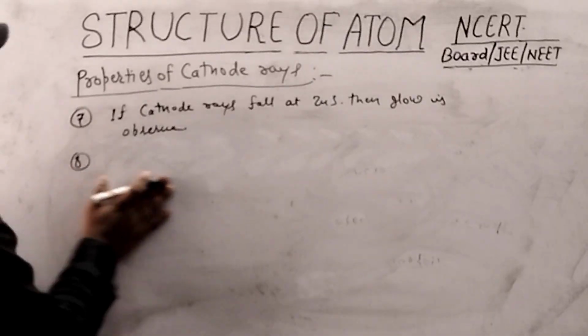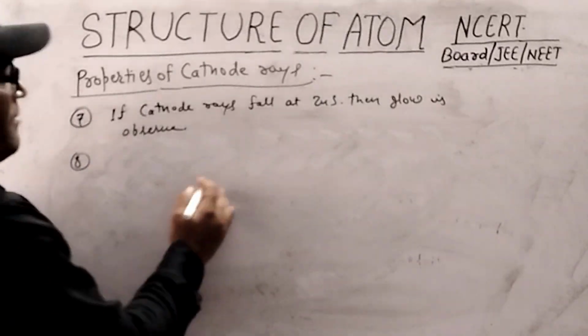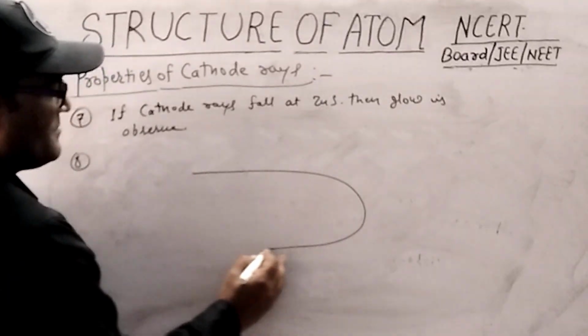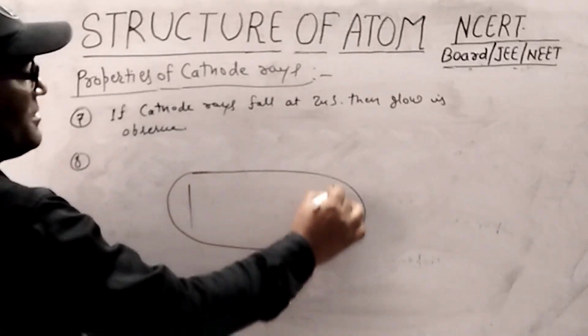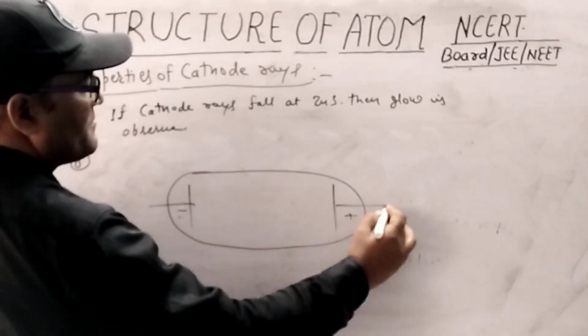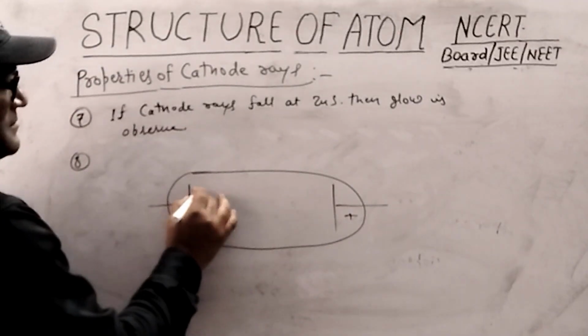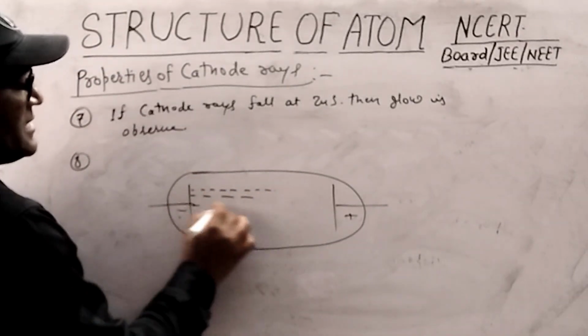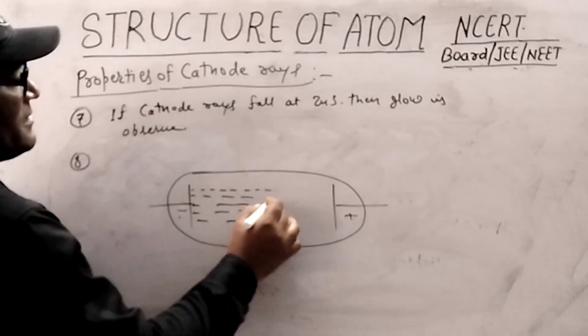Point number 8 is whenever cathode rays strike a light metal wheel.